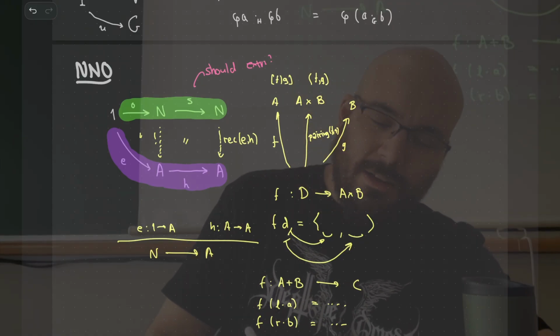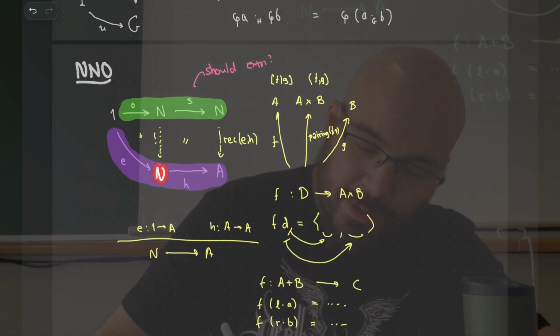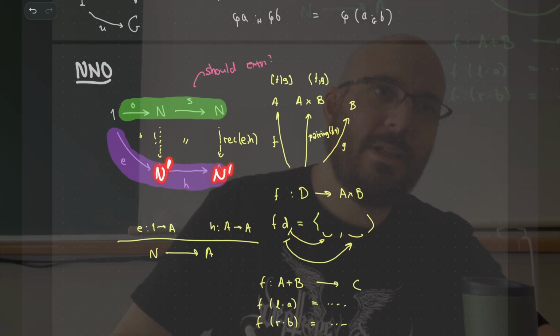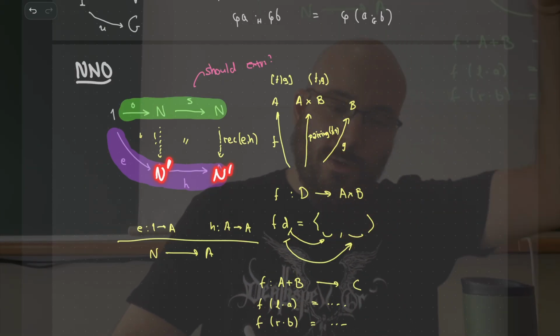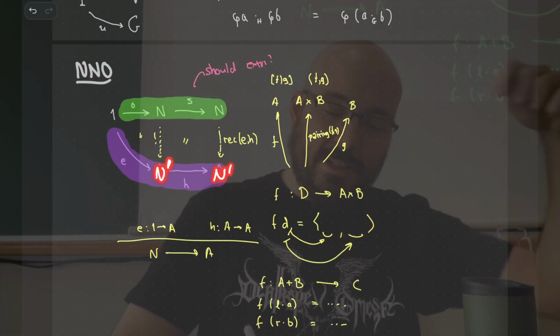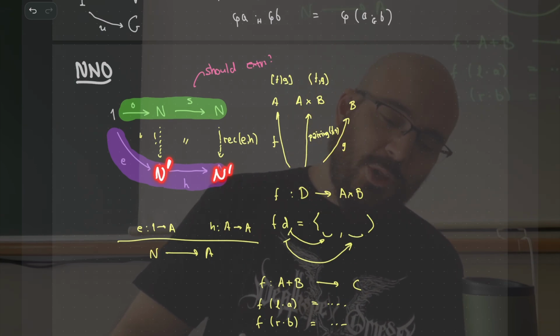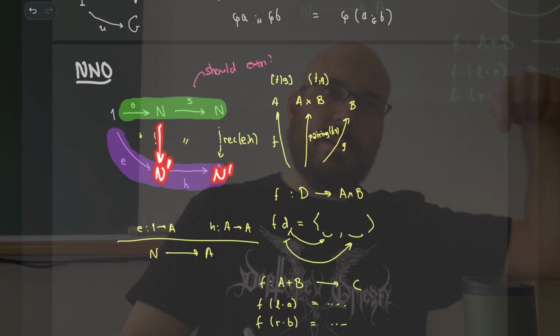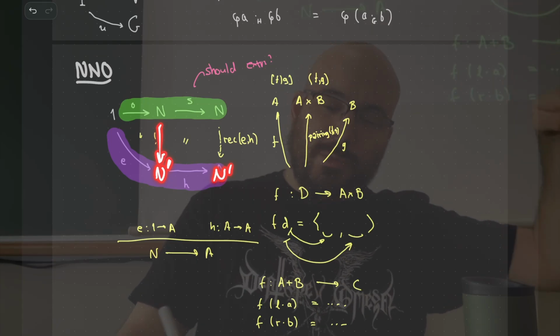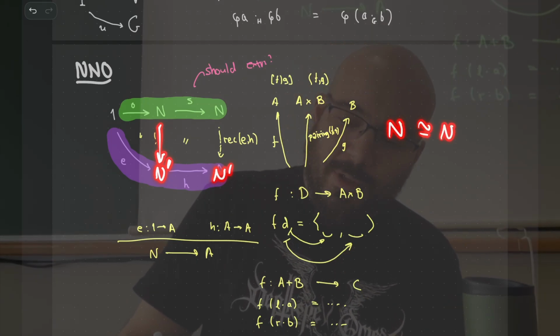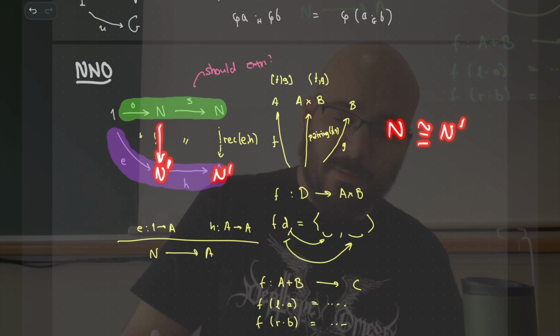Or you say, okay, let's say that I have some other copy that is also a natural numbers object that has all this property, this diagram, and guarantees the existence, and then you want to prove that this is actually an iso, because you want to prove that this is isomorphic to N prime.